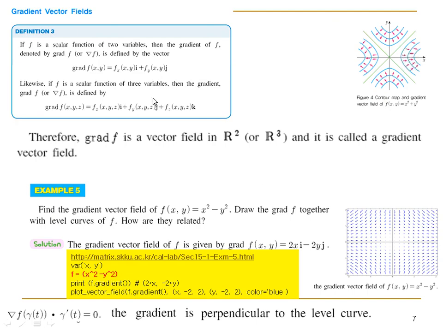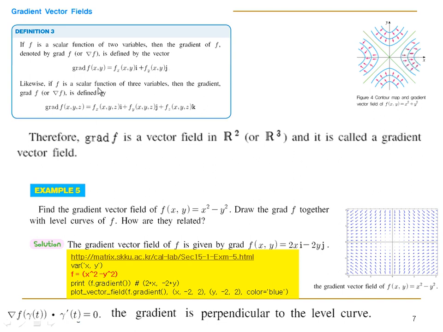Next, gradient vector field. This is another example of a vector field. If f is a scalar function of 2 variables, then the gradient of f, denoted by gradient of f or del f, is defined by the vector like this: the first derivative of f with respect to x times i plus the first derivative of f with respect to y times j.